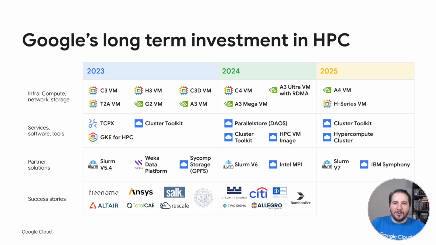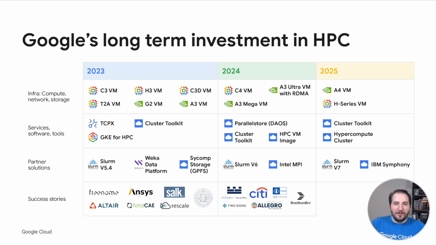This will give you a good view of the investments we've made across our HPC infrastructure ecosystem over the last few years, whether that's core infrastructure components on the top, platform and service capabilities below that, or partner solutions and success stories on the bottom. In infrastructure, you can see the progress we've made over the last few years in introducing the latest and greatest NVIDIA GPU types to our portfolio, including L4s, H100s, H200s, and more.